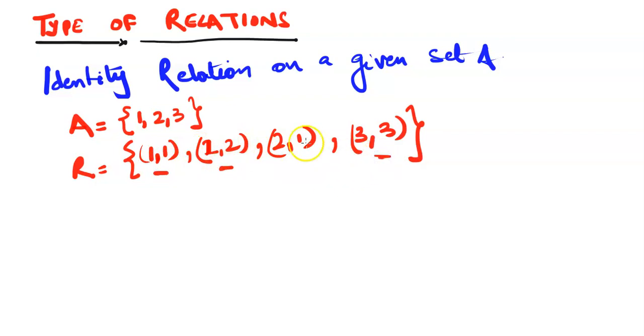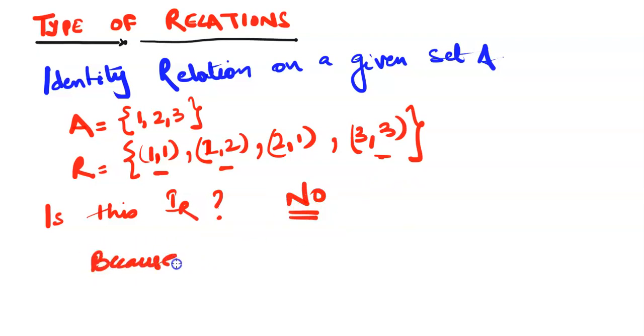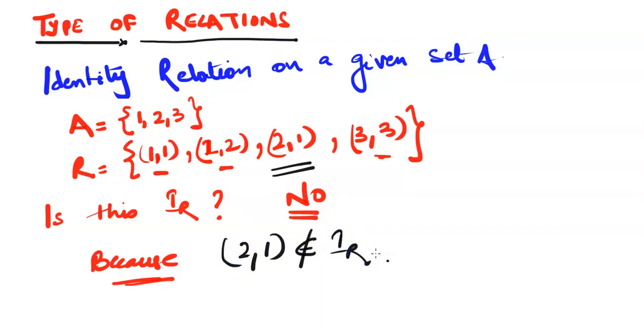So it has all the elements of A related to itself. Is this an identity relation? And the answer is no, because it also has an element 2, 1, which does not belong to the identity relation I_R.